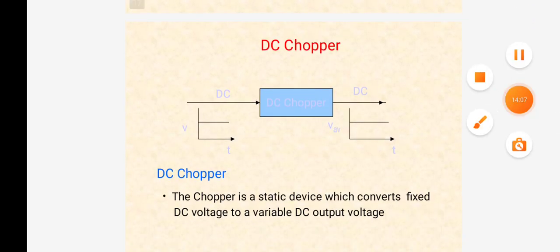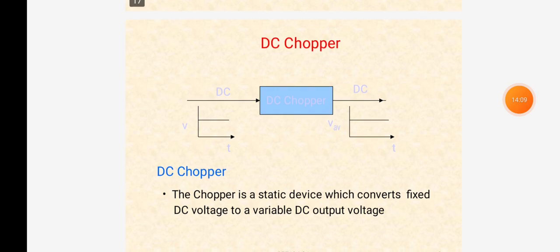Now we are going to discuss the DC chopper. This is the diagram, and the DC chopper directly converts fixed DC voltage to variable DC voltage. The DC chopper is a static device which converts fixed DC voltage to a variable DC output voltage.